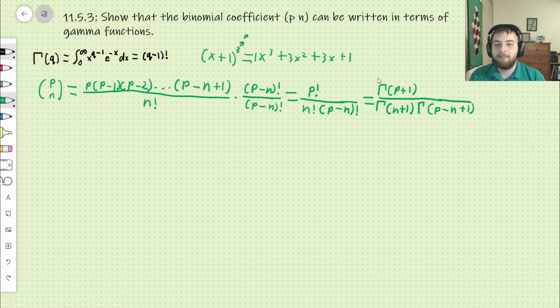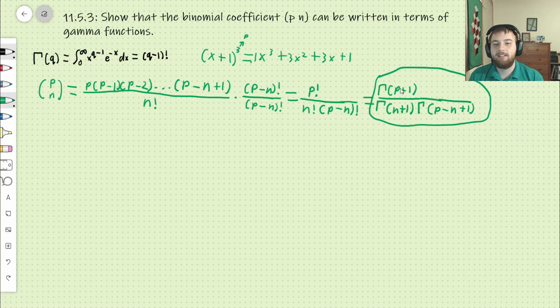That's not a bad problem. This is a pretty simple problem. Anything you can write as factorials, you can write as gamma functions. There's a lot of things you can write as gamma functions that you can't write as factorials, because factorials are not typically thought of as being for non-integer values. But since the gamma function is defined primarily by this integral here, there's no reason any of these can't be any number that you want.